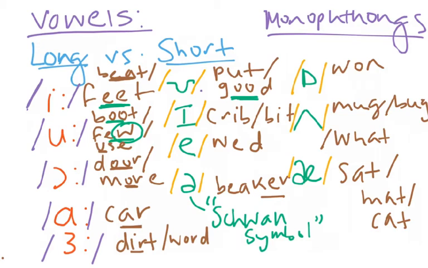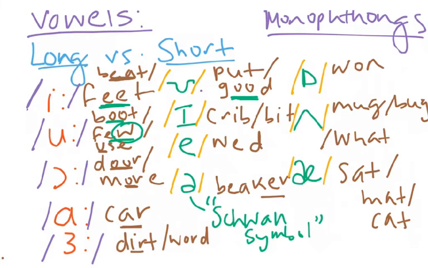Okay, moving on. The next vowel sound that we're going to talk about is the long A vowel sound. Now, you might be wondering why I've written the word car here. The A in car is not technically a long A vowel.